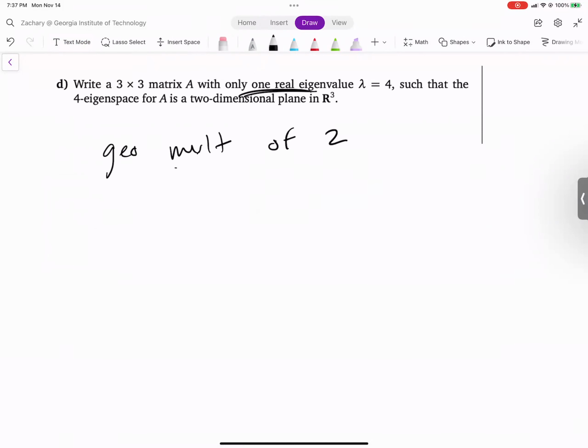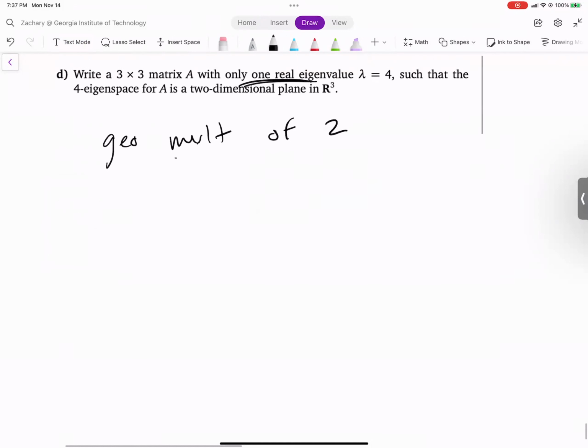It's redundant, but whatever. So we have one real eigenvalue. Can we have a complex eigenvalue here? Why? They come in pairs and there's only one spot left. So this means that we can't have any complex, and it says there's no more real.